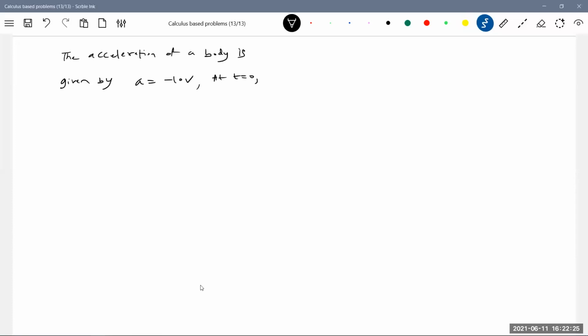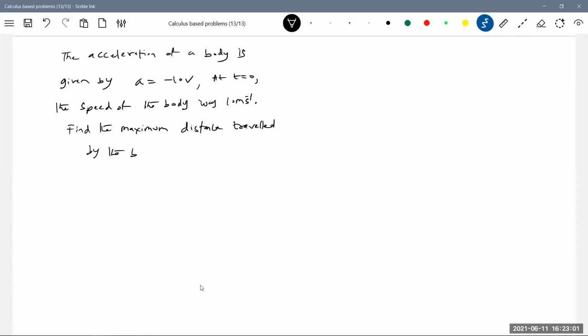At t equals 0, the speed of the body is 10 meter per second. Find the maximum distance traveled by the body.